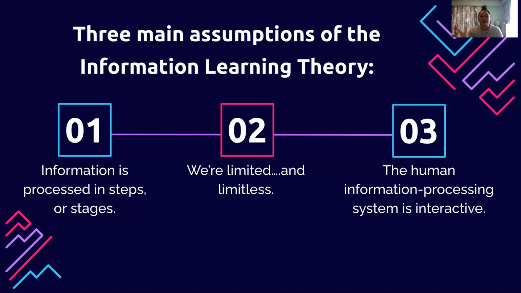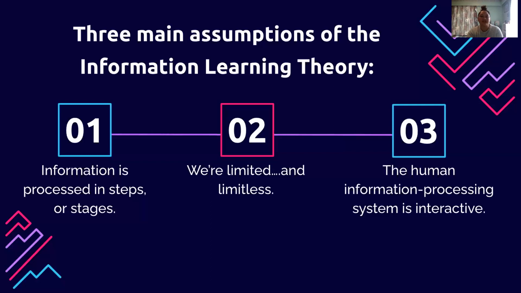However, over the whole course of our life, we're actually quite limitless in the overall capacity of information that we can take in. It's really amazing that although we can only learn so much in a particular stage, over the course of our life, we can actually take in an unlimited amount of information.